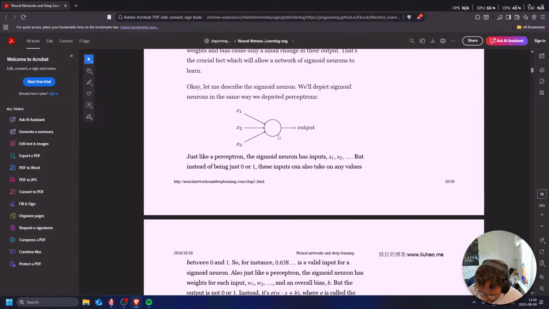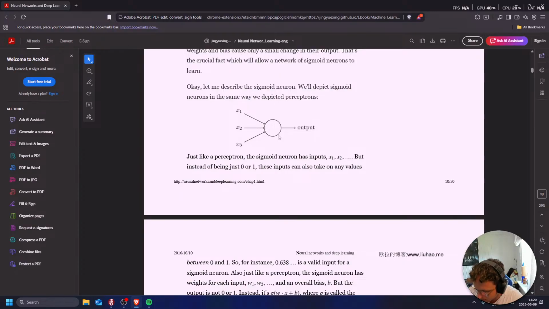So, let's write that as well. Just like a perceptron, the sigmoid neuron has inputs, which is x1, x2, and so on.